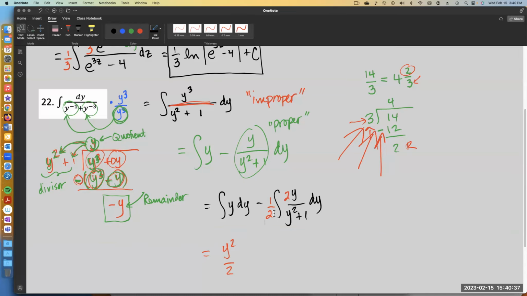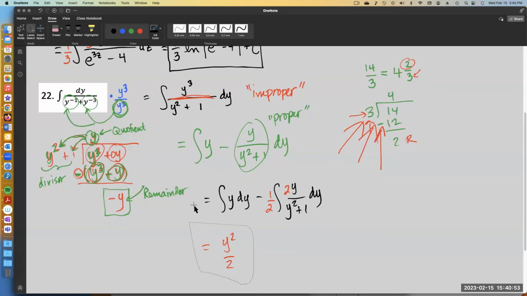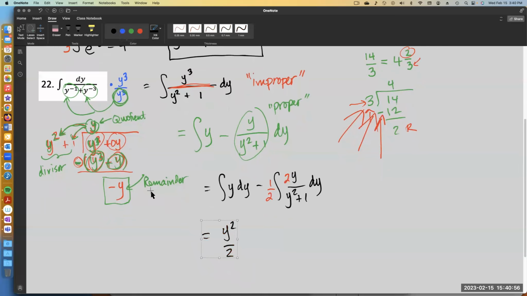And if we multiply the numerator by 2, we have to multiply the denominator by 2 to offset it. So now it's in log form. So now we're going to have minus 1/2 natural log absolute value y squared plus 1 plus c.